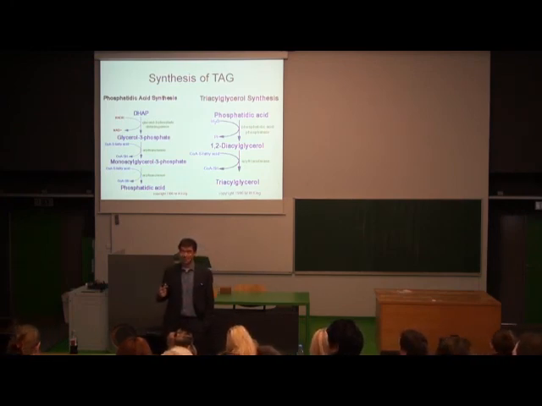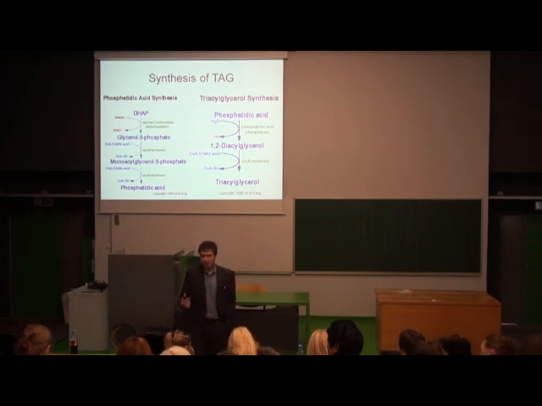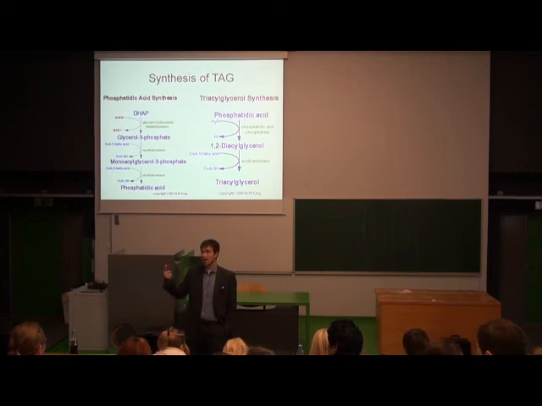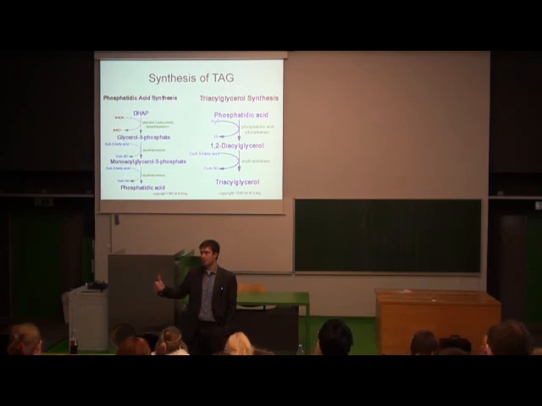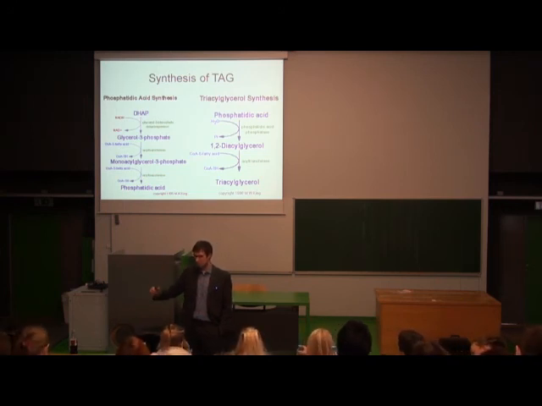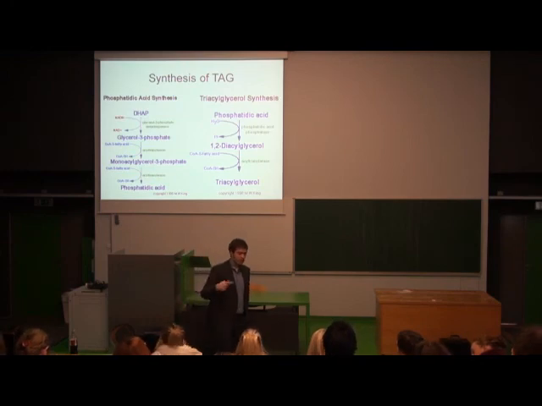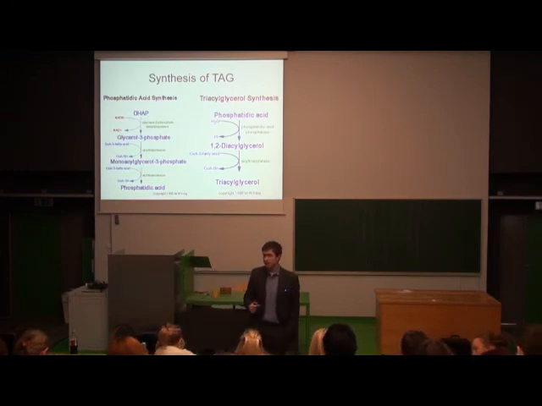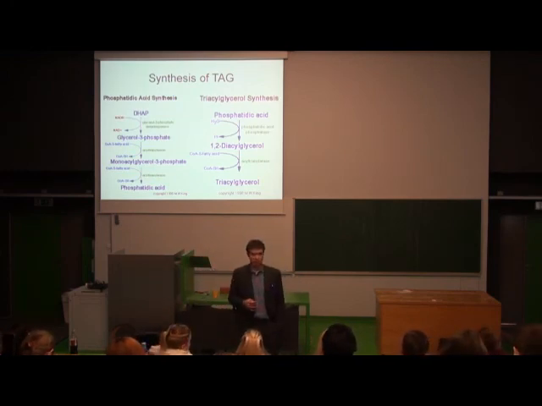Therefore, the synthesis of fatty acids is especially potent in liver, in skeletal muscle to a smaller part, and in adipose tissue. So in the first place is liver, then adipose tissue, and a small amount also in skeletal muscle. Yes? But especially liver and adipose tissue. There you can synthesize fatty acids and therefore also triacylglycerols.